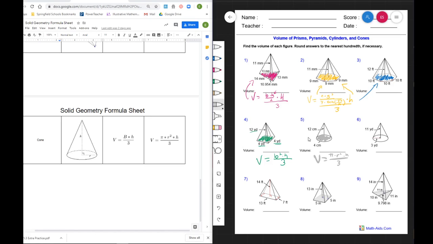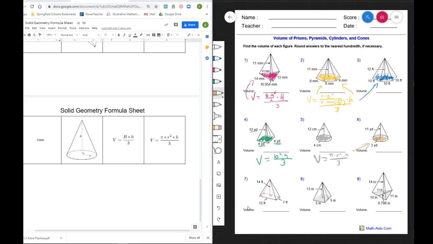Again, we're not going to solve it just yet, but that's the formula we're going to use for this particular shape. Then in number 6, we have a similar shape with another circular base. So we're going to use our cone formula again, the same formula that we used for number 5.